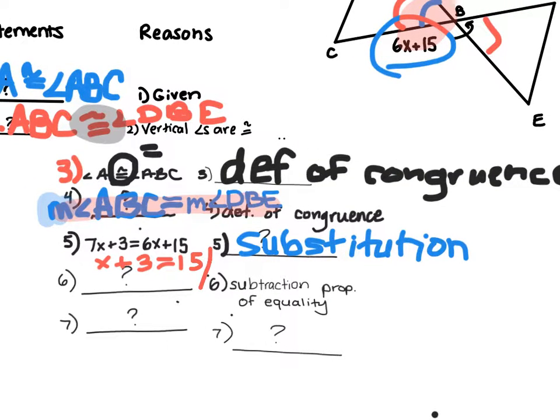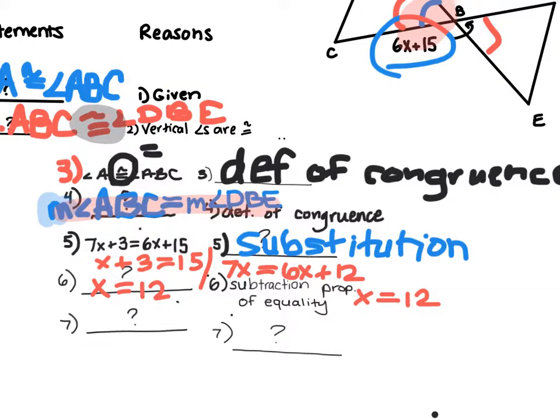You can do both because they both have the same reason. And then the next step would have been subtraction as well, right? So it kind of put them both together. x equals 12.